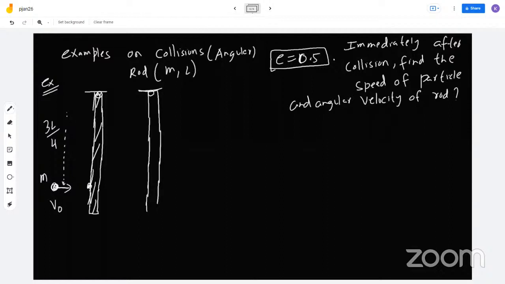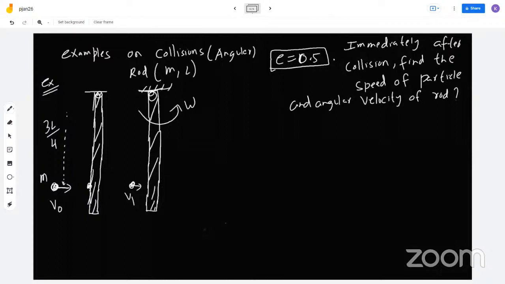The speed of the particle, say v1, and the second unknown, the angular velocity of the rod. So these are the two unknowns. To solve, you need two equations, two concepts. Which are the two concepts you are going to use?